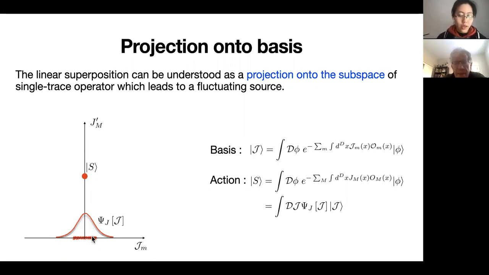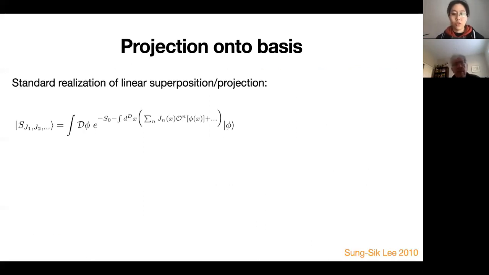And any value within this region would have a distribution according to the coefficient of the expansion. Of course, if the original point was initially within the subspace, then it will still be a point after the projection. Okay, this is the alternative understanding for the linear superposition.